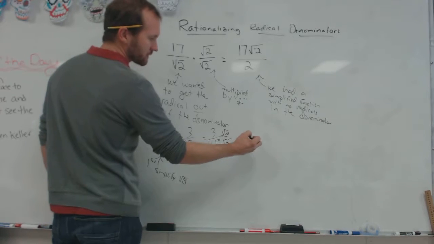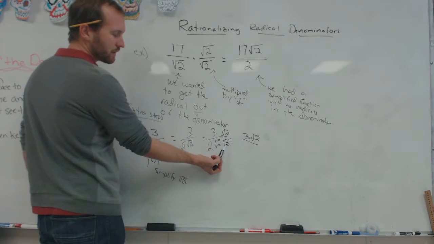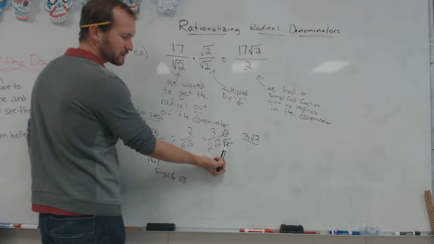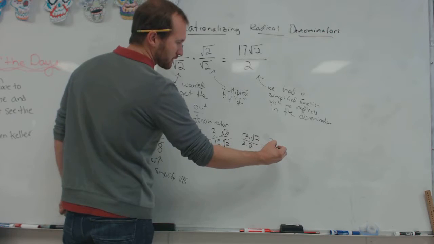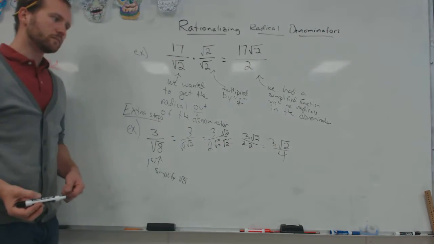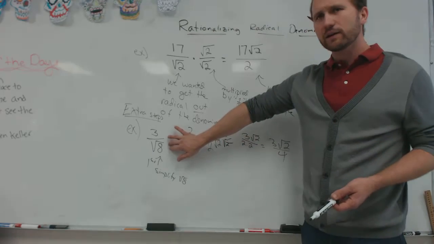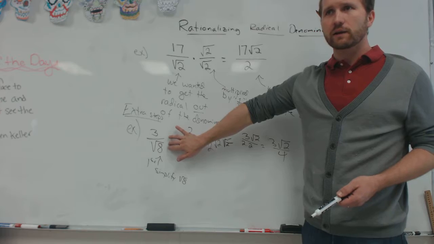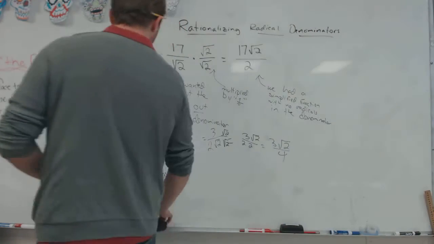So we have 3 square roots of 2 over, and now 2 times the square root of 2 times the square root of 2 is 2 times 2, which is 4. Now, you don't necessarily have to do that here. So let's take a look at what would have happened if we had just multiplied by the square root of 8.